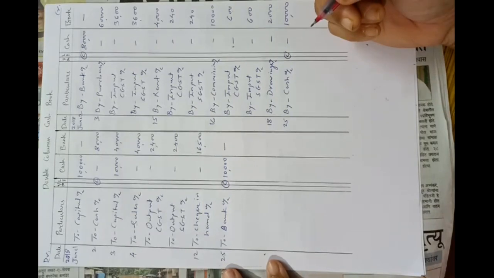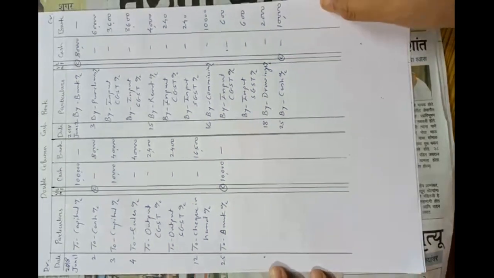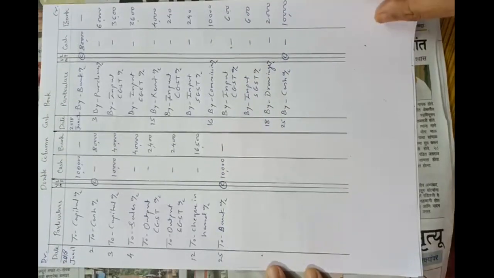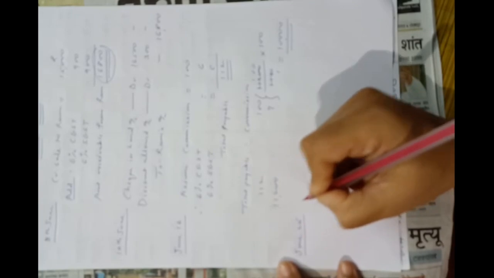Now again on 25th, received a check from X and endorsed it to Y on 29th June. Now we have received a check but not deposited the check into bank, and directly that check was endorsed to Y on 29th June. So we have to pass journal entry for this. I will show it here. On 25th June, this working note should be part of your answer.